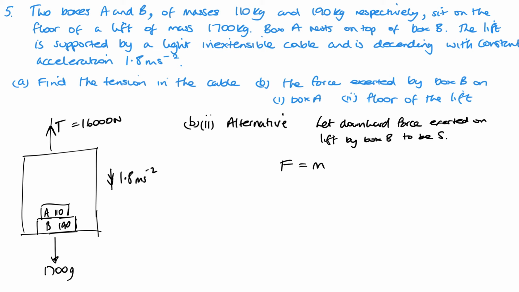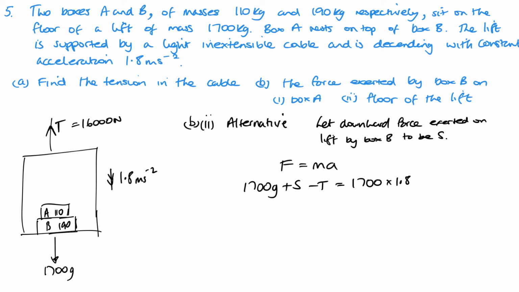Then if we think of what's involved, our overall forces are going to be 1700g plus S, as that's also acting downwards, minus T, that tension that is acting upwards. My mass is 1700 and my acceleration is 1.8.